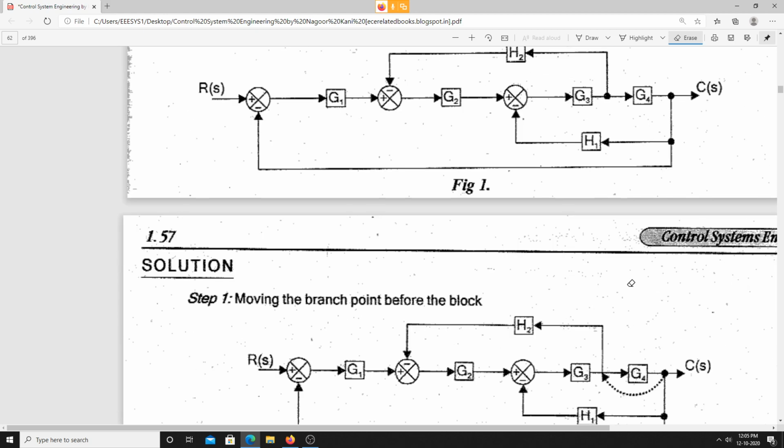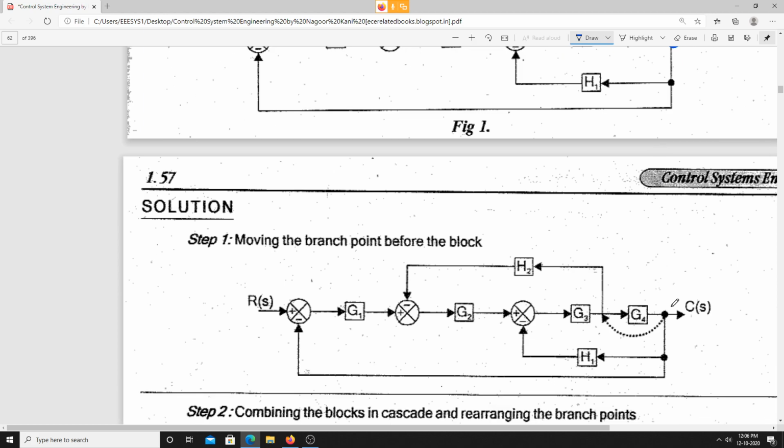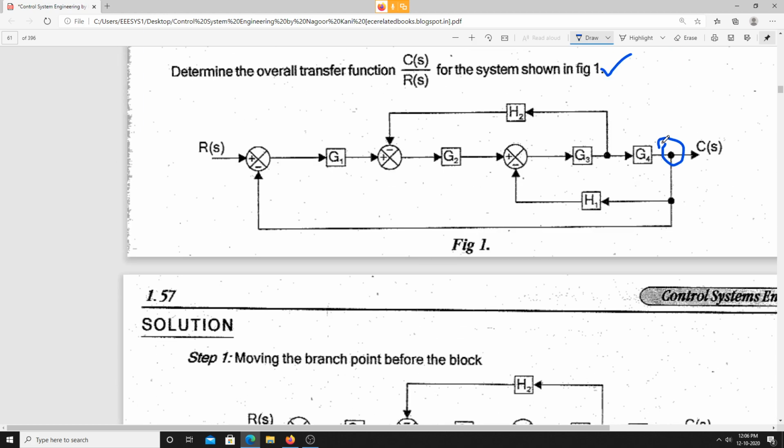Or else, here is what they did. They just brought this branch point before this block. See here, this branch point is moved before this one, or else we can move this branch point over here.